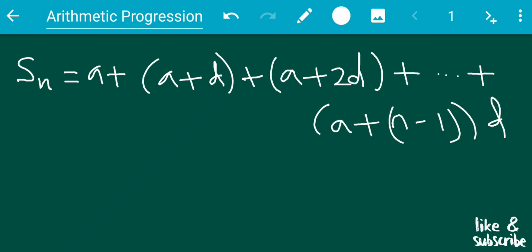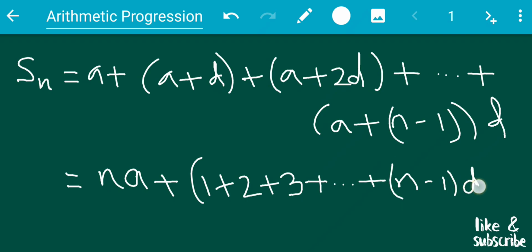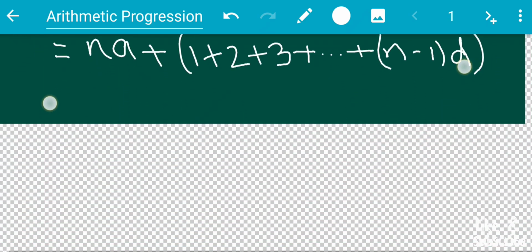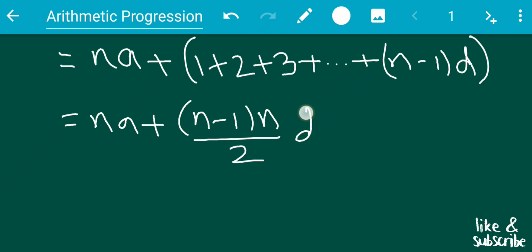Okay, so this is nothing but n of a plus 1 plus 2 plus 3 plus up to n minus 1 of d. So this is simply na plus n minus 1 n by 2 d.